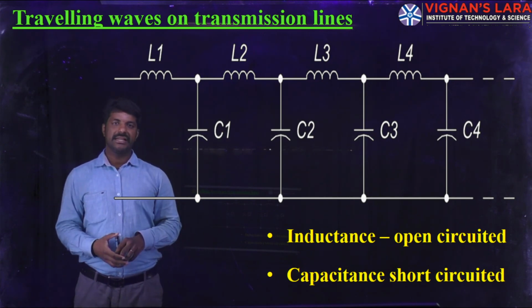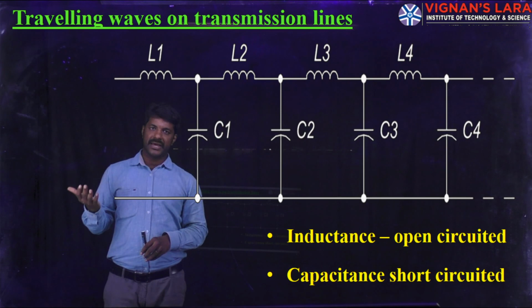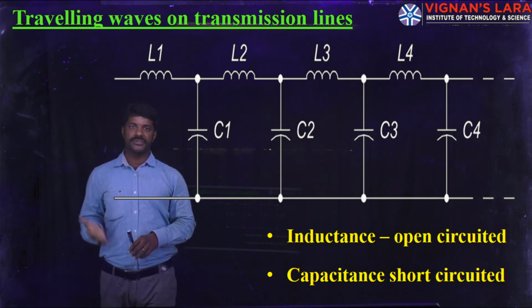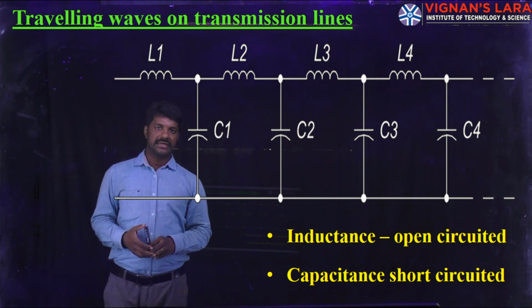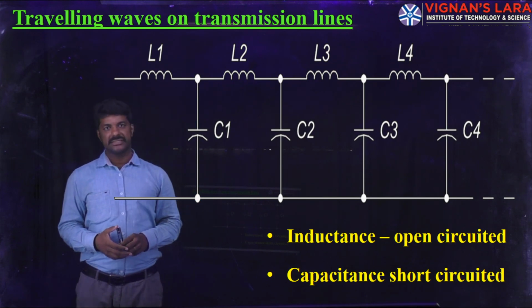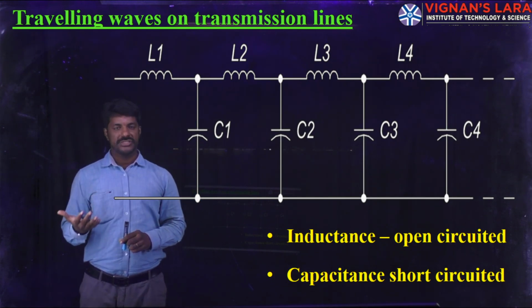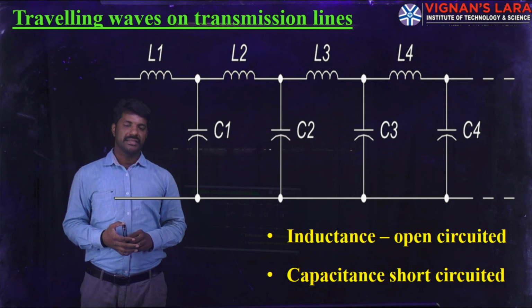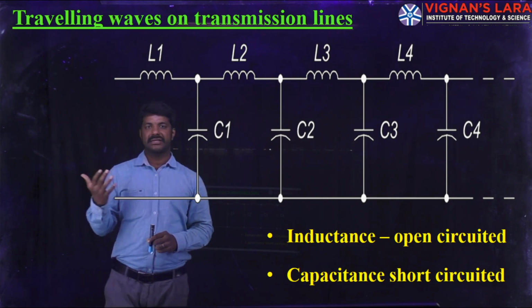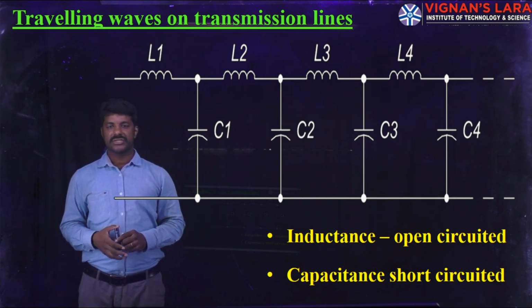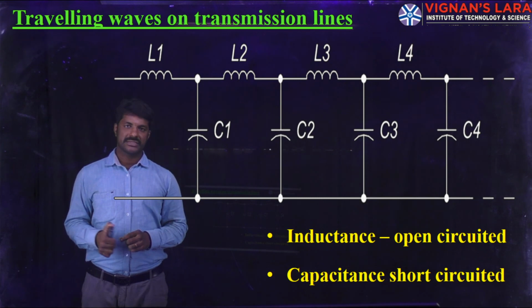In general, the resistor is present in the impedance part as a series element, which is assumed to be 0. Only inductance will occur, and in the shunt branch, the conductance G is assumed to be 0. Then obviously the element left over will be the capacitor, so that the transmission line is formulated mathematically with inductor and capacitors alone. Such a transmission line is called a lossless transmission line.